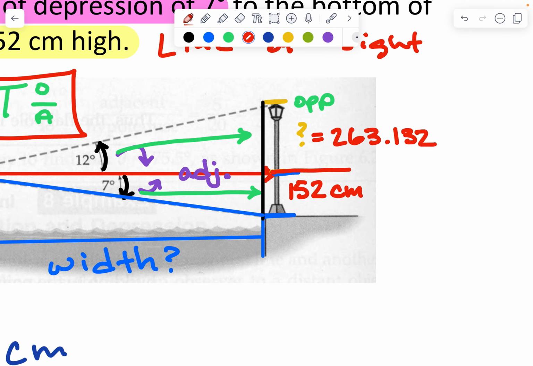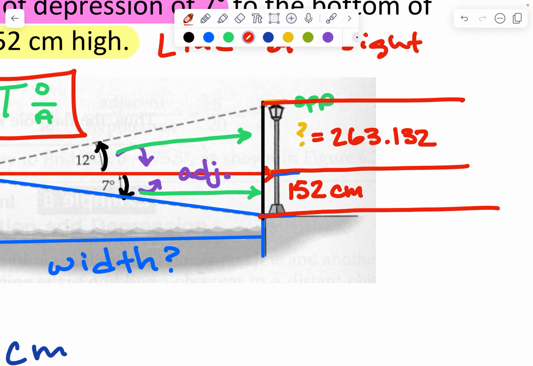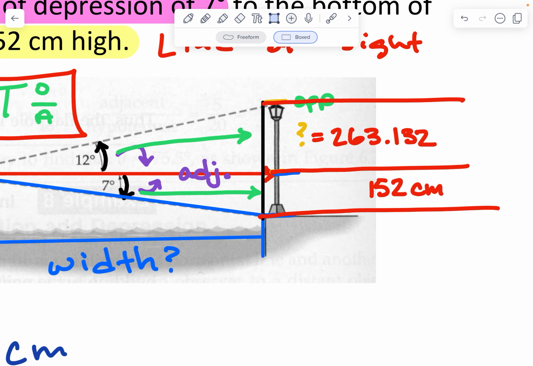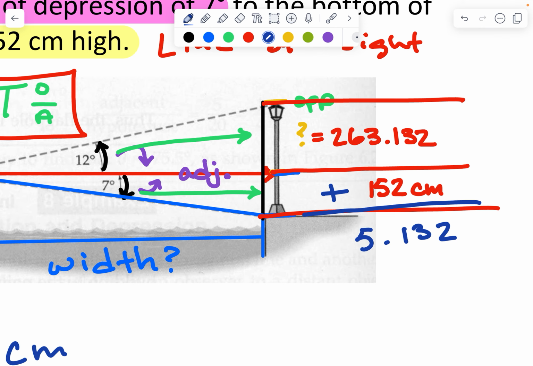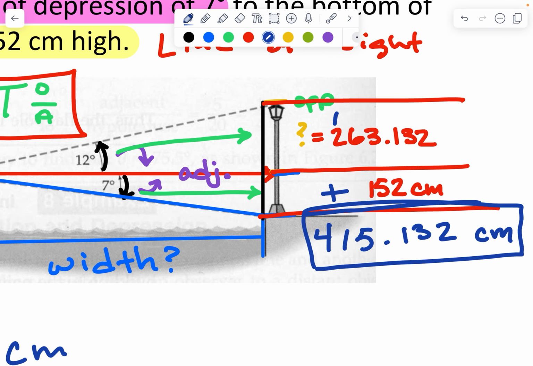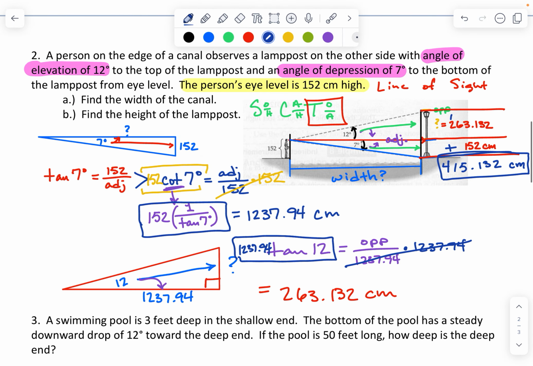Is that the total lamp post? No, it's just the top of the lamp post. The total lamp post is when I take 263.132 and I add 152 to it, and I get 415.132 centimeters as my total height of the lamp post.